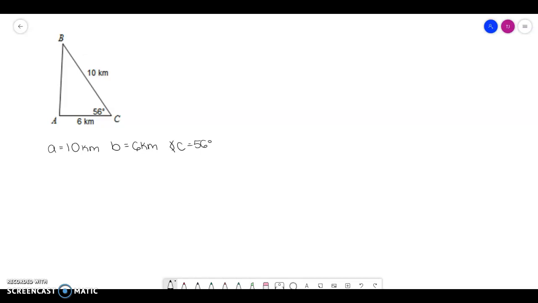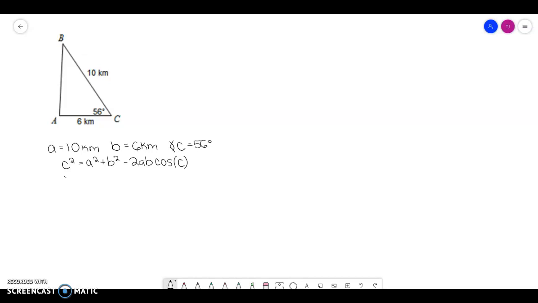I want to solve for the triangle on this one, so that means I need to find angle A, angle B, and side C. So I can start off, because I'm given sides A, B, and angle C, using my third equation of law of cosines. C squared equals A squared plus B squared minus 2AB cosine of angle C. Right, and I'm just going to plug in my variables.